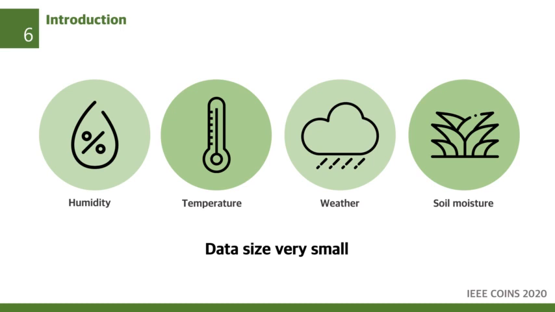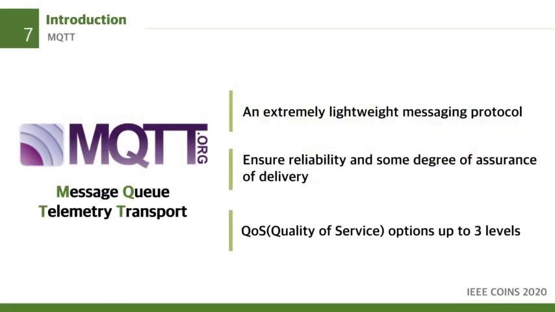There are several IoT communication protocols such as DPWS, SMPP, CoAP, but MQTT is known to be the most suitable for IIoT, industrial IoT applications. MQTT, Message Queue Telemetry Transport, is an extremely lightweight messaging protocol.